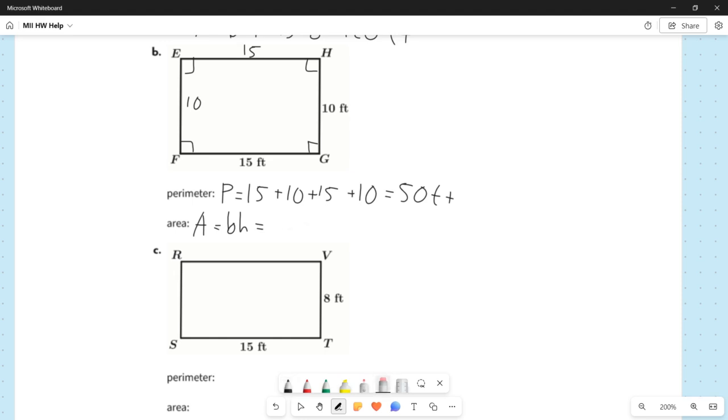I don't want to get too confusing here. So our base and our height have to be perpendicular. That's a key. Whenever you're talking about base versus height, you always need a right angle. The nice thing about a rectangle is that our side lengths form a right angle. So if our base is 15, then our height is 10. And 15 times 10 is 150. We're talking about feet, and area is a two-dimensional unit of measurement, so it's 150 square feet.